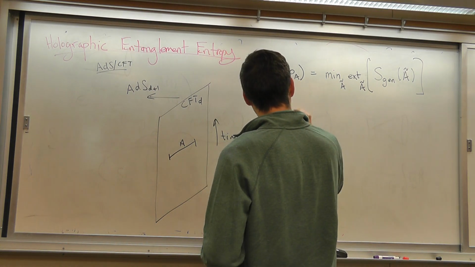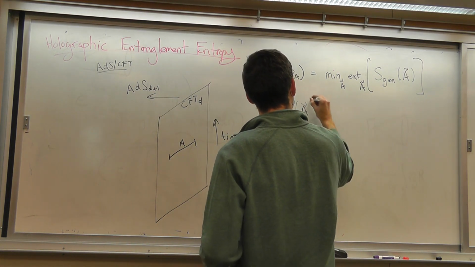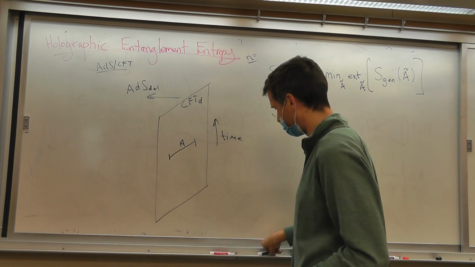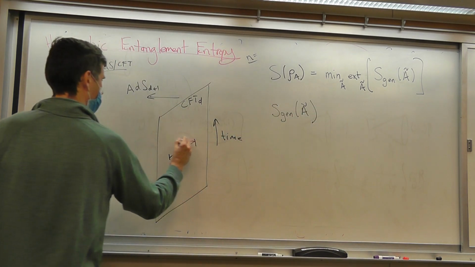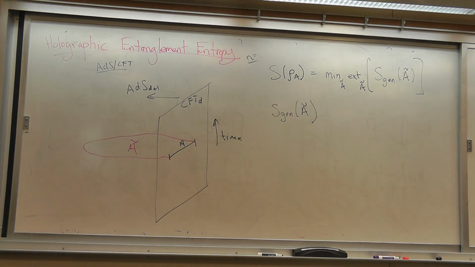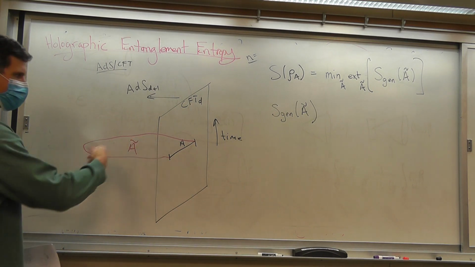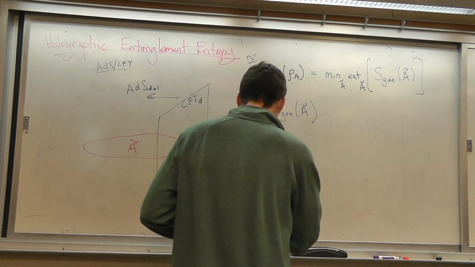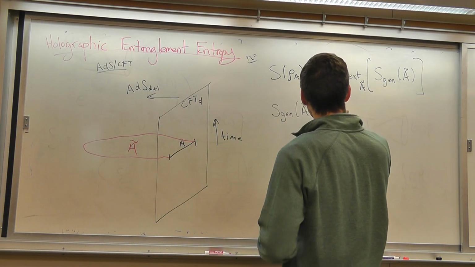Let me draw A tilde first. A tilde is a region in the bulk that ends on the boundary of region A. So it's like a region that extends out. And S gen of A tilde is the usual generalized entropy.